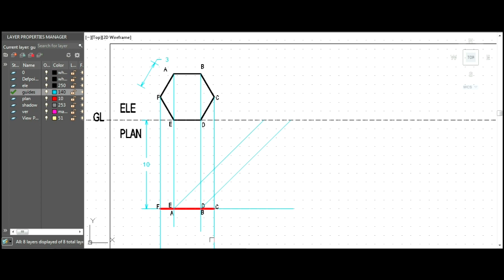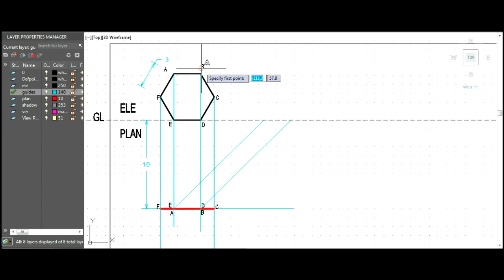Now we notice that the points AB and ED will share the same points in the plan. So the light rays going from there will be the same. And since the object is placed on the ground plane, the shadow starts from the object itself.